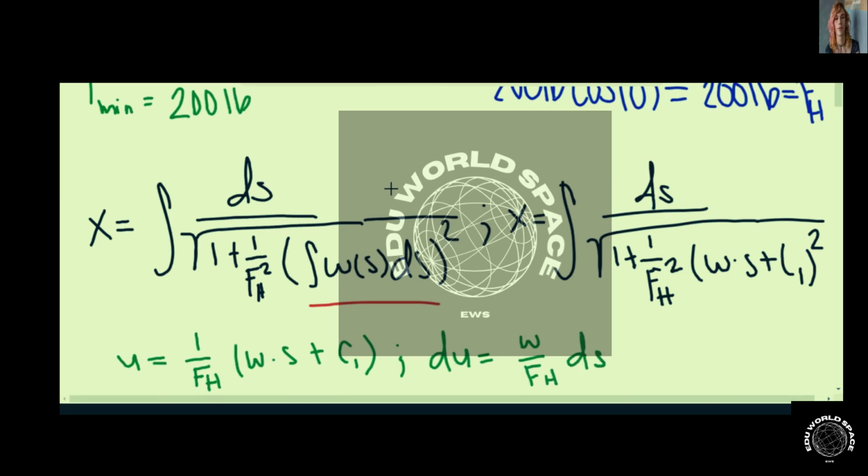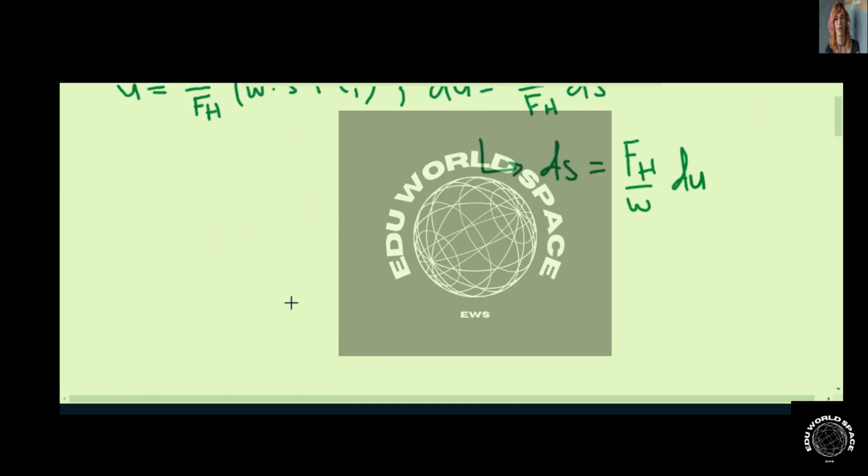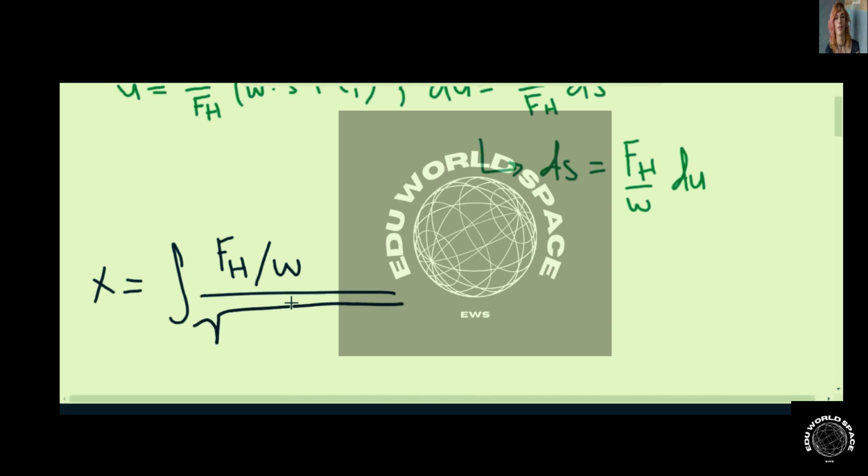When we solve for ds, we get that ds equals F sub H over w times du. Now that we have all these variables, we can plug this into the original equation and continue to solve. Our deflection curve equation then becomes x equals the integral of F sub H over w, because we are substituting in ds, all over the square root of 1 plus u squared du.